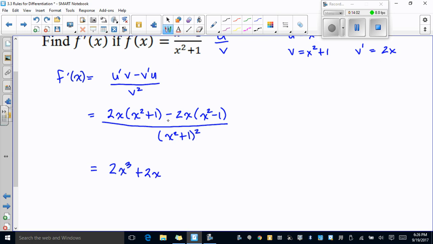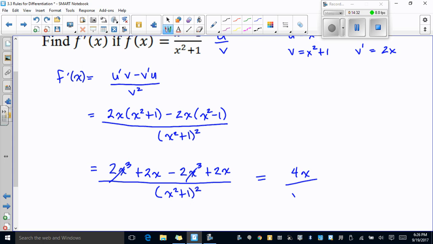And back to this one, negative 2x times x squared gives us negative 2x cubed. Two negatives make a positive, so I get plus 2x, all over x squared plus 1 squared. So this is going to clean up nicely because my x cubes cancel out. 2 plus 2 is 4, so I get 4x over x squared plus 1 quantity squared.